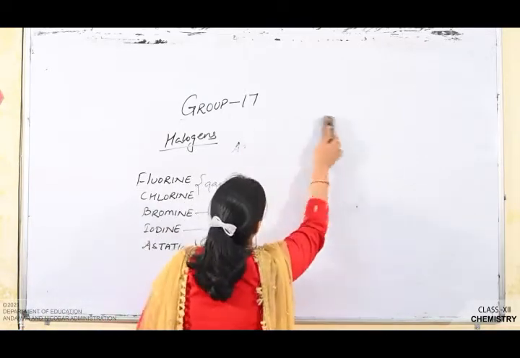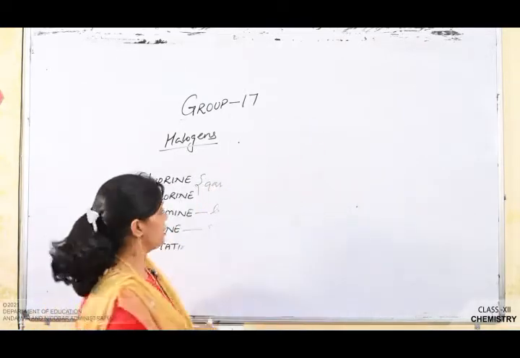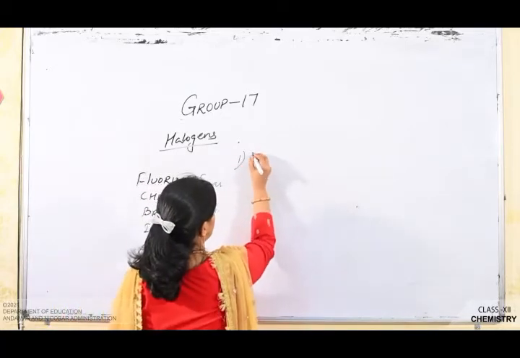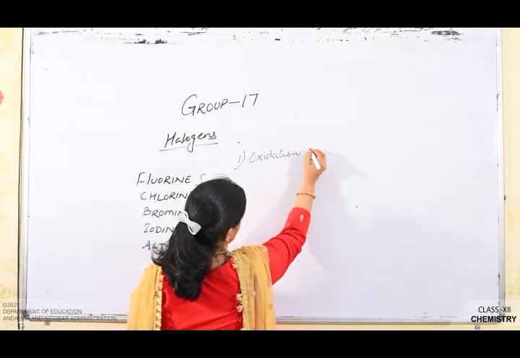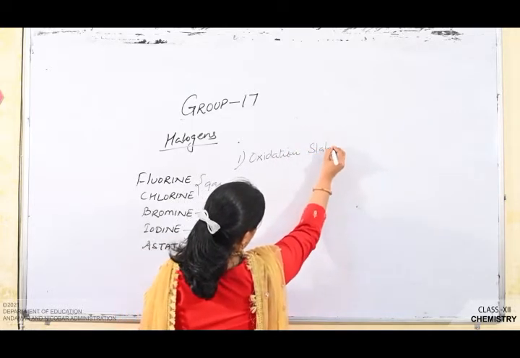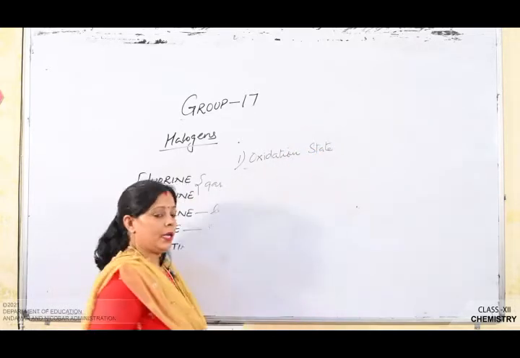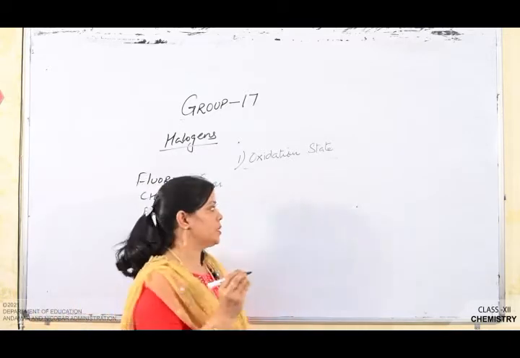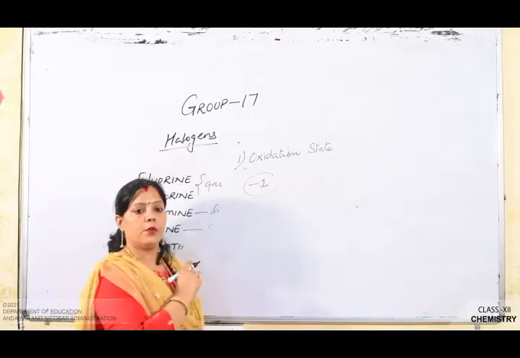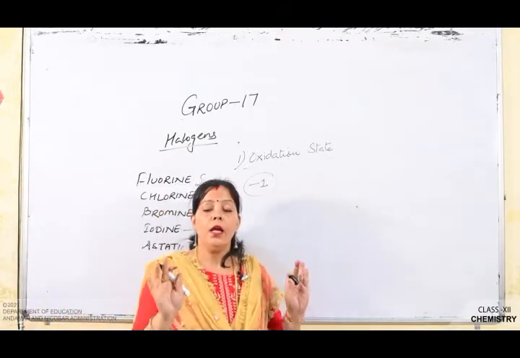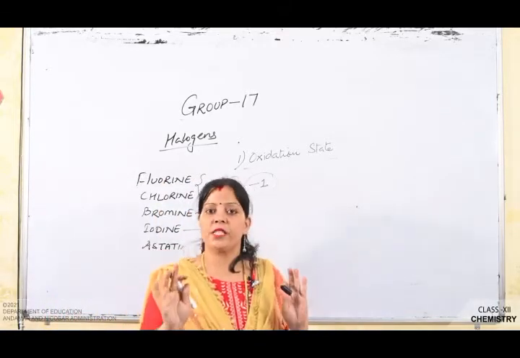Next is the chemical properties, and in these chemical properties the first one is the oxidation state. It is very important, oxidation state. Children, basically all the halogens show the oxidation state of -1. The -1 is shown by all the elements belonging to group 17.